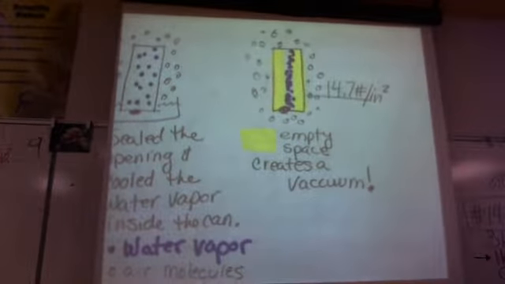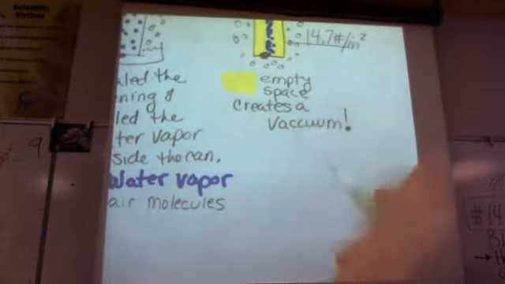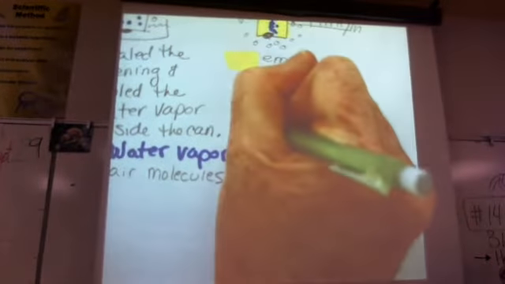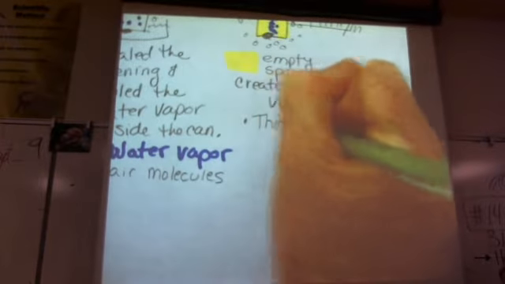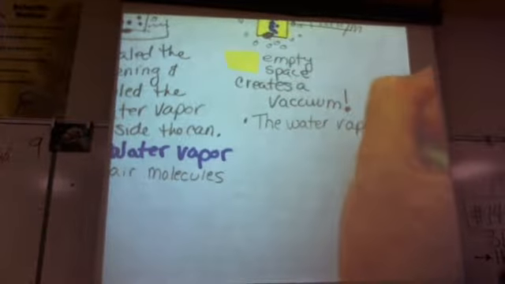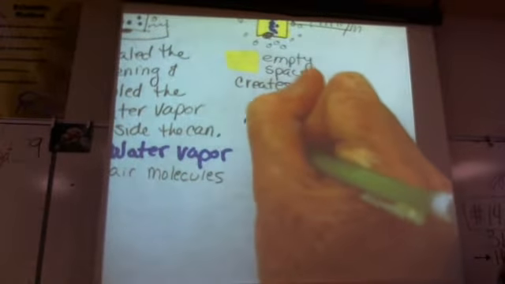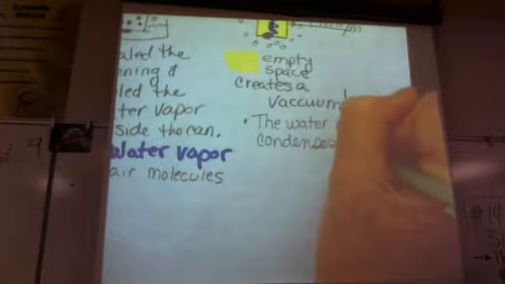So we're going to explain that. So we have the vacuum being created. What happened? First, the water vapor condenses. And creates a vacuum.